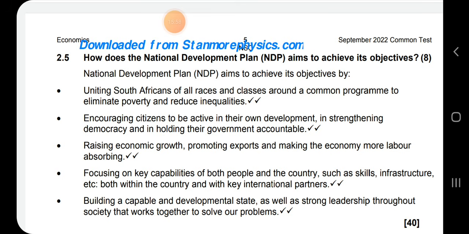So the National Development Plan aims to achieve its objectives by uniting South Africans of all races and classes around a common program to eliminate poverty and reduce inequality, encouraging citizens to be active in their own development, raising economic growth, promoting exports, and making the economy more labor absorbing. Or again, it focuses on key capabilities of both people and the country, such as skills, infrastructure, etc.